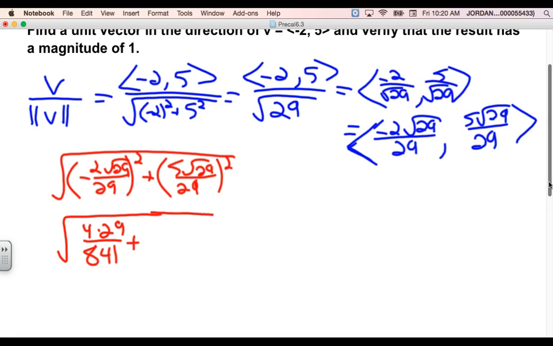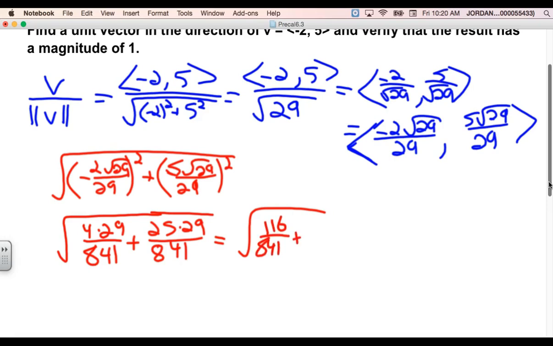For the other fraction, you square the 5, which is 25, square the square root of 29, which is 29, and on the bottom square 29 again, which is 841. So 4 times 29 is 116 over 841, and 25 times 29 is 725 over 841.